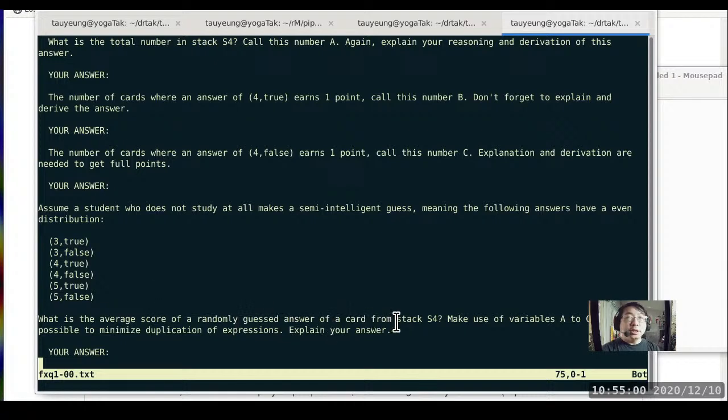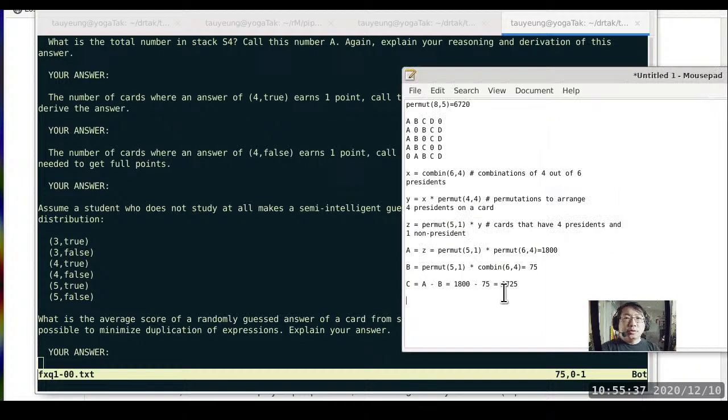We want to calculate the average when the student is given cards from the S4 stack, but without telling the student that the card is coming from the S4 stack. So as far as the student is concerned, there's no actual indication that a card has exactly 4 presidents. The student only knows that there are 5 names on it. But we know that there are exactly 4 presidents, and we want to calculate the average score given that is the case.